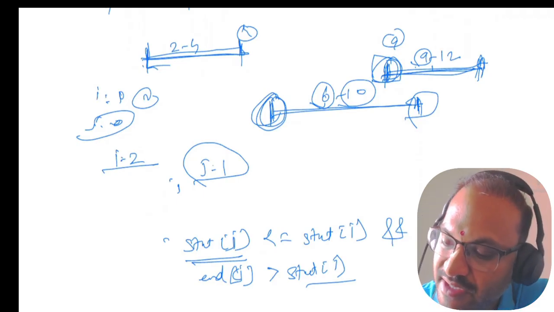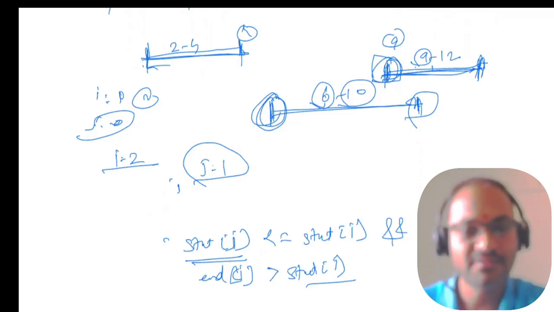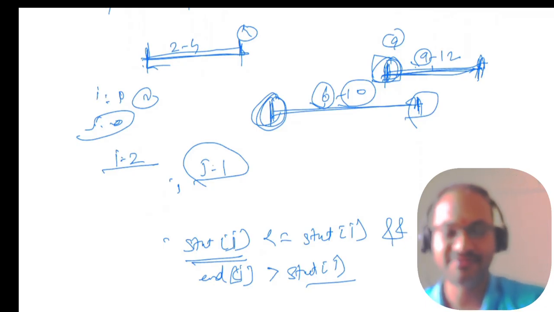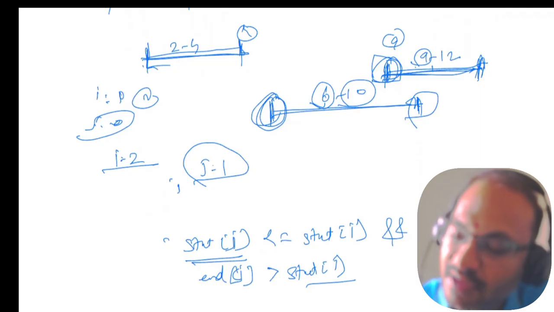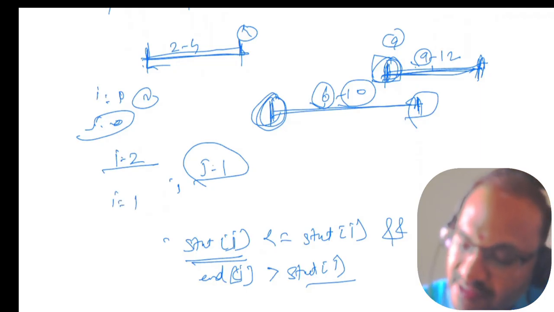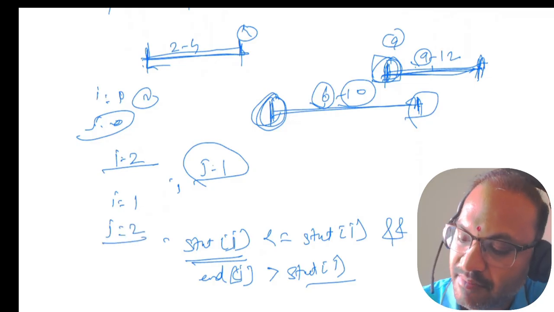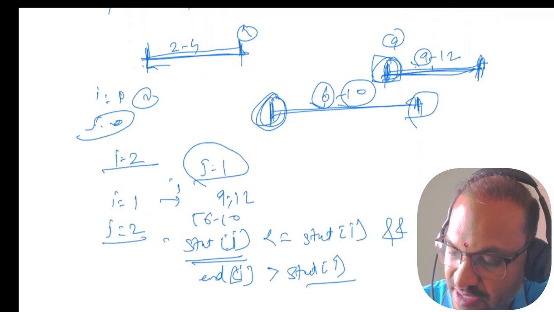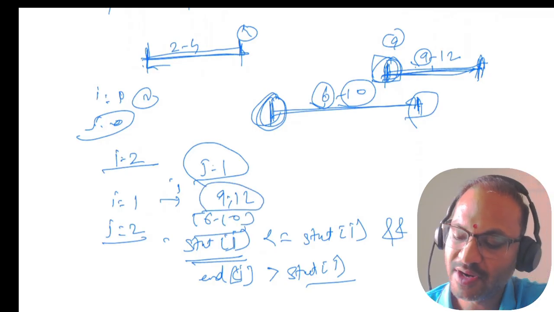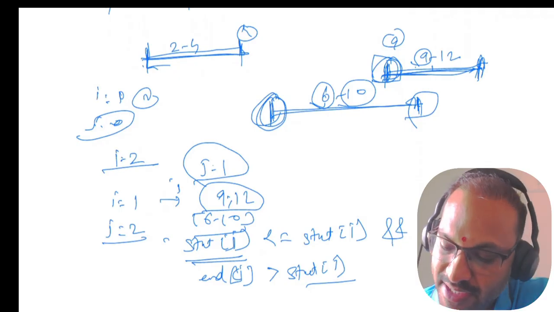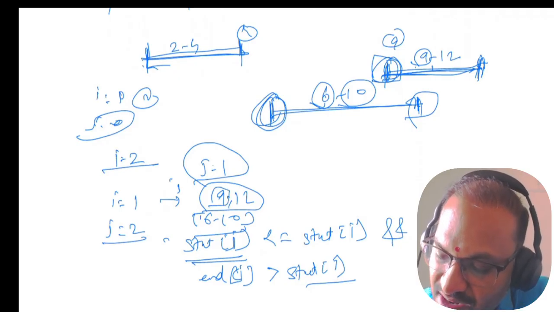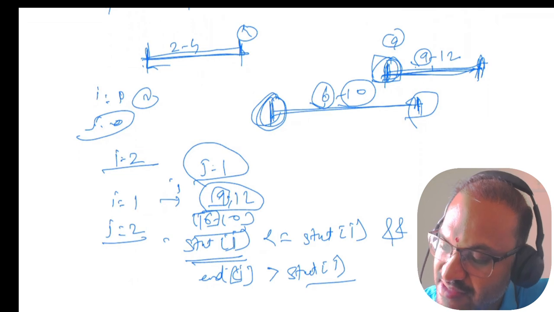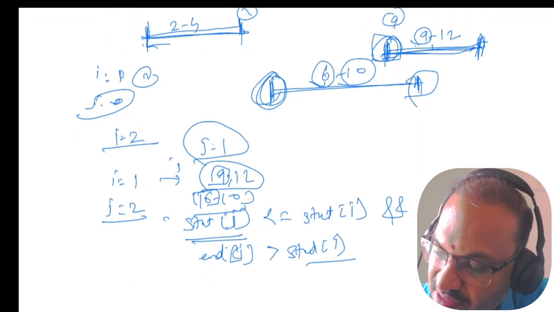But when we start here and see 9 and 12, right now my i is at 1 and j is at 2. So my i is 9 and 12 and j is 6 and 10. If I compare these two, I compare this start and this. 6 is less than or equal to 9.